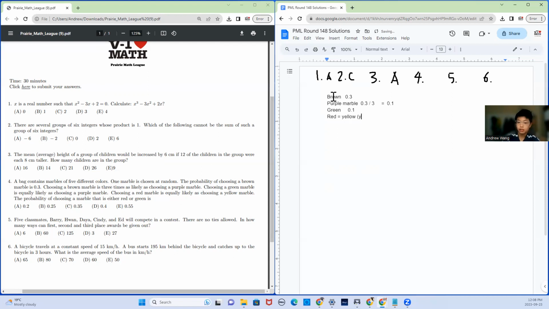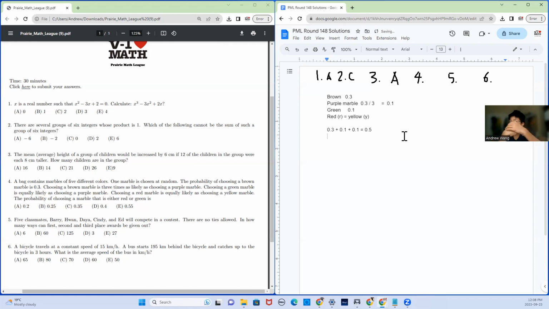We're going to set yellow as Y, and we're going to set red as R. If we look at it closely, the probability of brown plus purple plus green, 0.3 plus 0.1 plus 0.1, will equal 0.5.